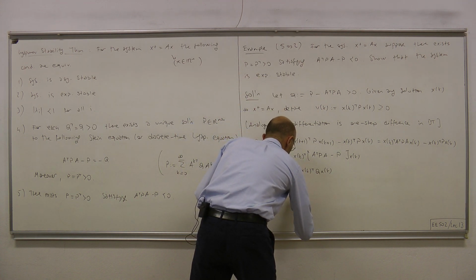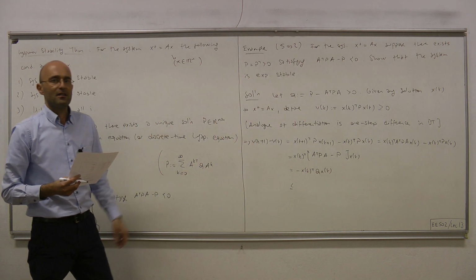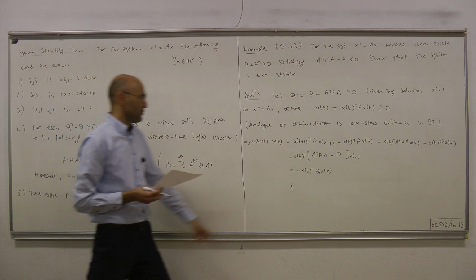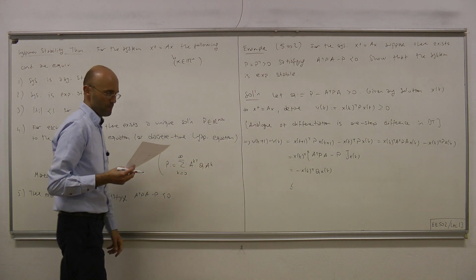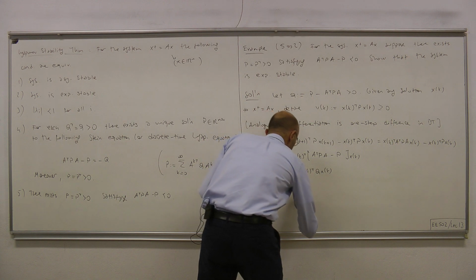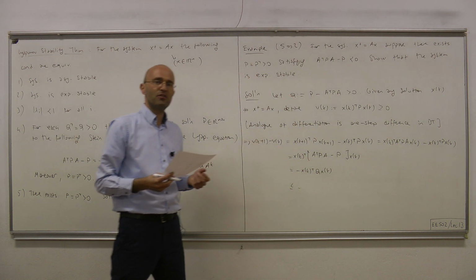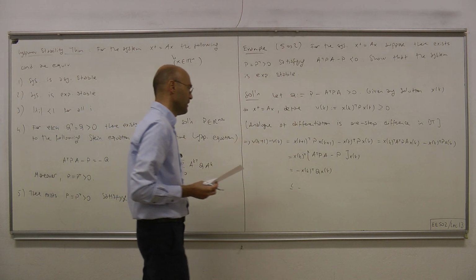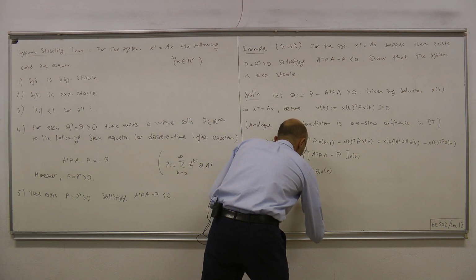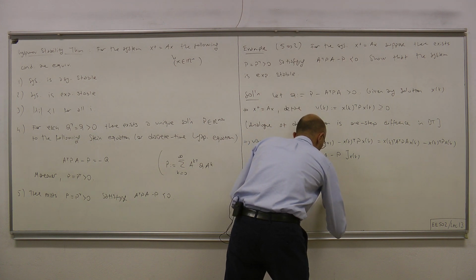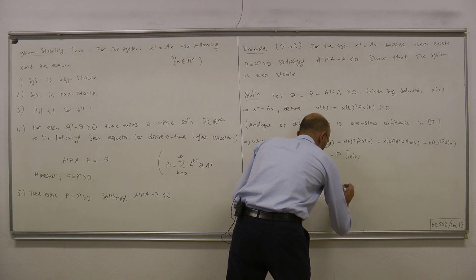Using the upper and lower bounds in terms of the eigenvalues of matrix Q, a trick we did many times for the continuous time demonstration, this can be written as minus lambda min Q times the norm square of x(k).